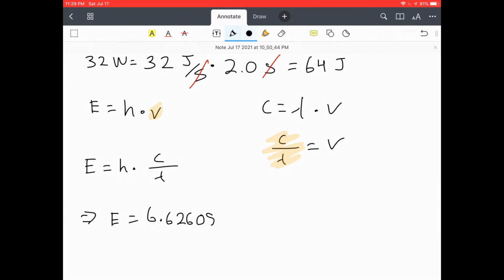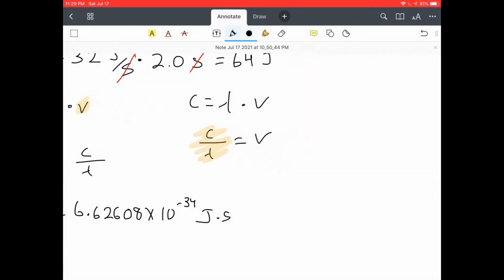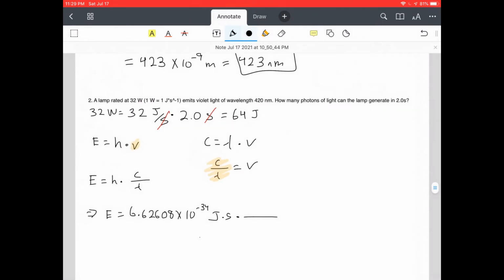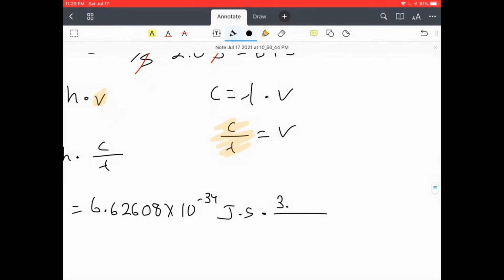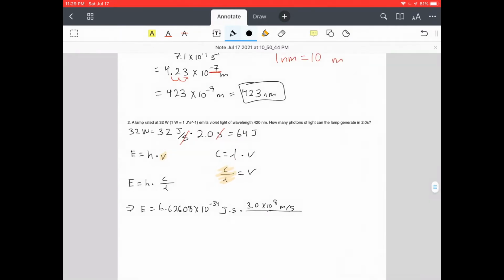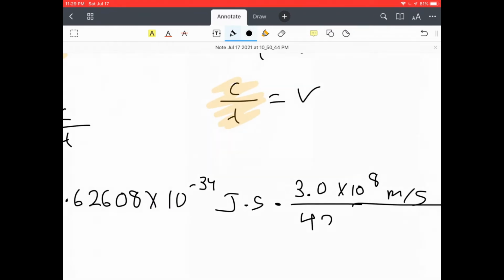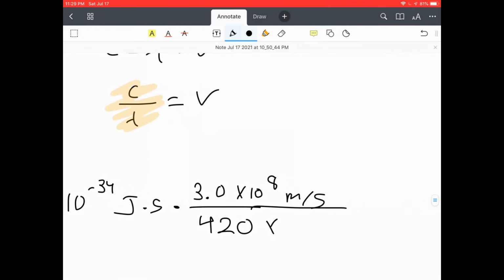6.62608 times 10 to the negative 34 joules times seconds times, and here I'm going to put the speed of light, which is 3.0 times 10 to the 8 meters per second, divided by the wavelength, which is 420 nanometers, and 420 nanometers is 420 times 10 to the negative 9 meters.